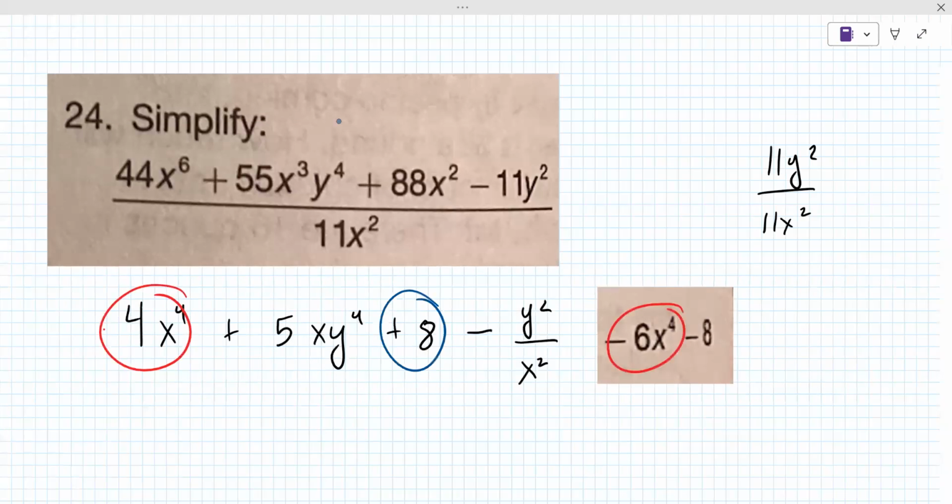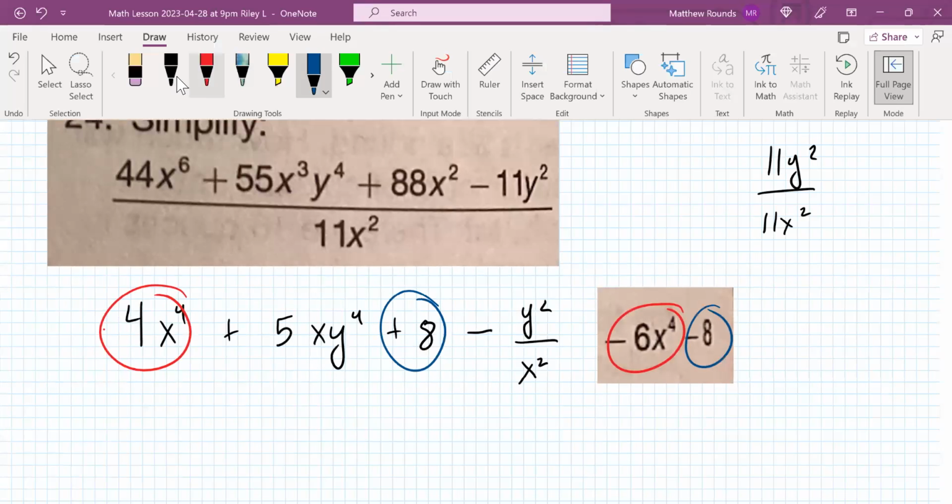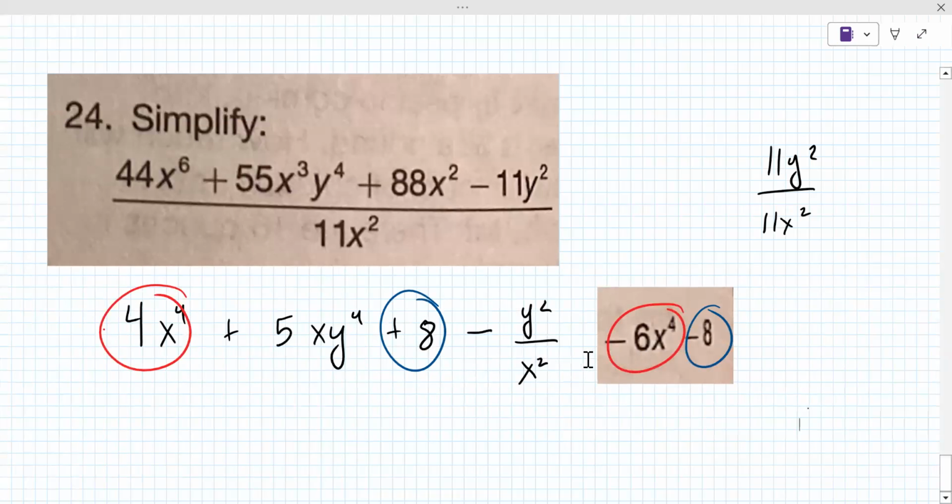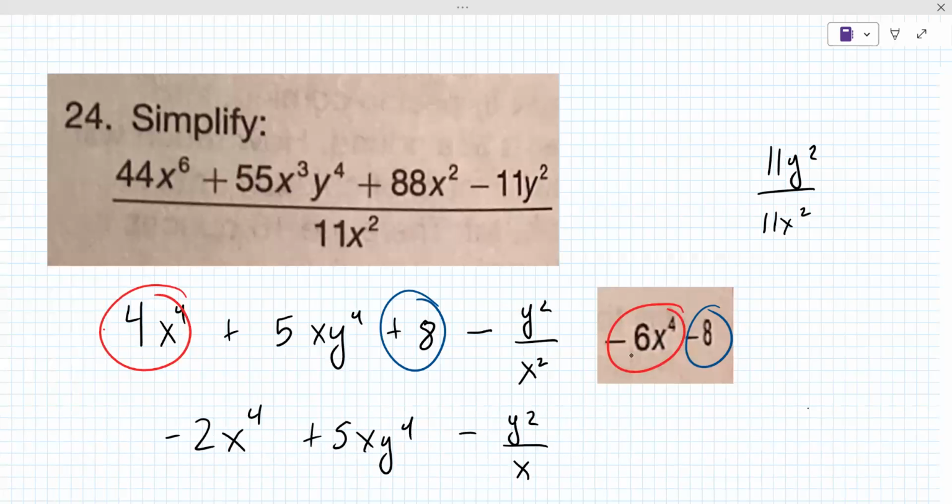Tell me what happens with the 4x to the fourth and the negative 6x to the fourth. It's -2x to the fourth, yeah. And then 5xy, and then the 8 minus 8.